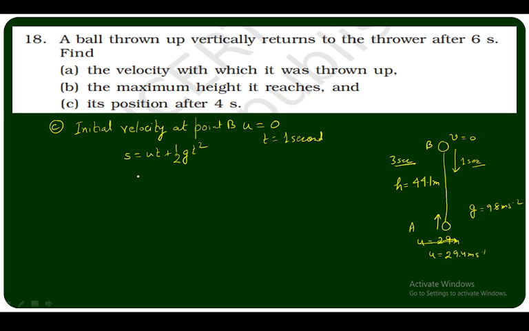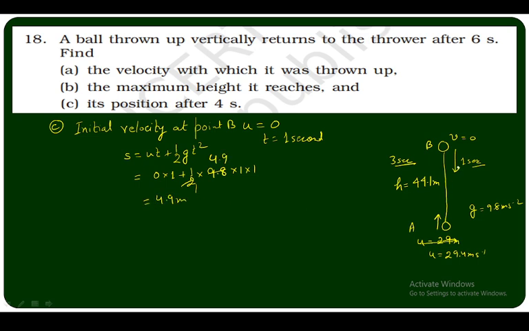What is the value of u? At this position, the velocity u is 0. Therefore, 0 into 1 second plus half, and g is 9.8, and t square is 1 into 1. Then we are getting the value 4.9 meter.